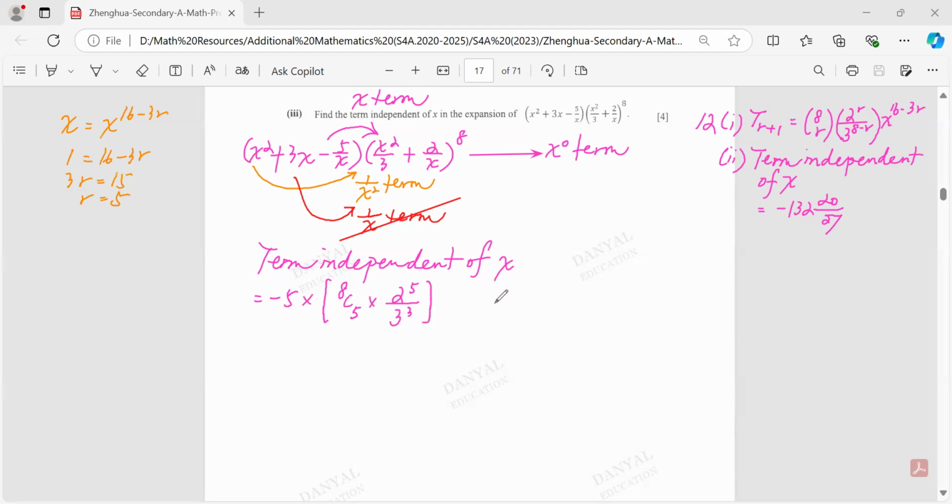Next, I will look for the 1 over x squared term, which is the x to the power -2 term.